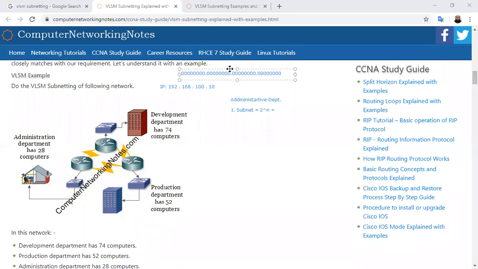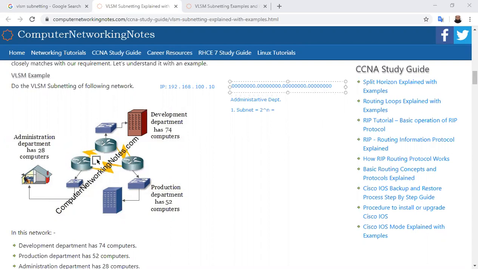So for the administrative department, what is our next objective? We have to find out the zeros, that is, how many zeros we need for 28 hosts.